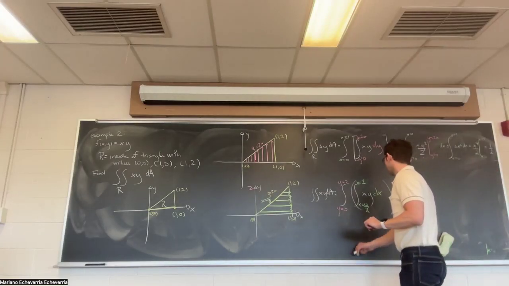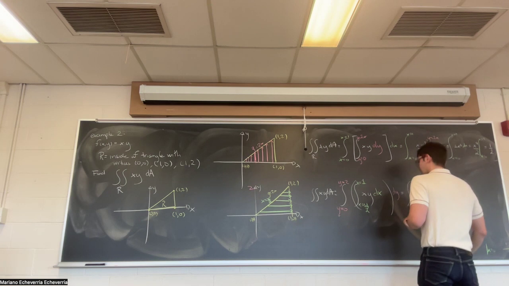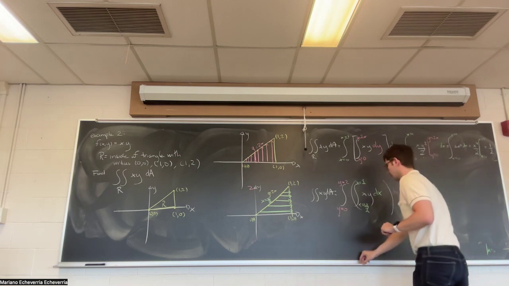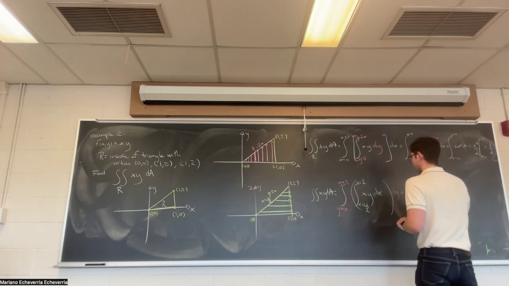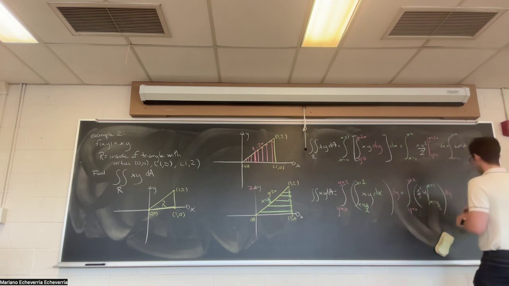Now you're integrating with respect to x first. So that gives you x squared over 2y, evaluated between x equals 1 and x equals y over 2. And whatever you get, you integrate from 0 to 2 for y. Okay, so I'm almost done.